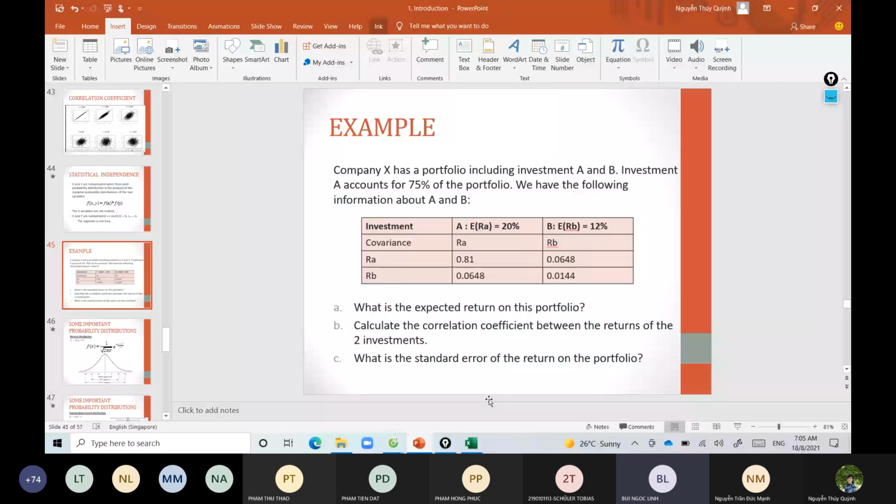To calculate the standard error, I think first we need to calculate the standard deviation. Actually, now we want to calculate the standard error of the return on the portfolio. In order to do that, you have to calculate the variance of the return on the portfolio first, then take the square root of that value.